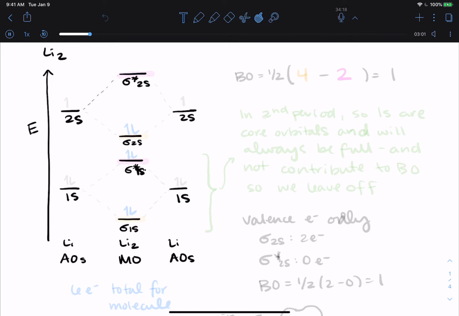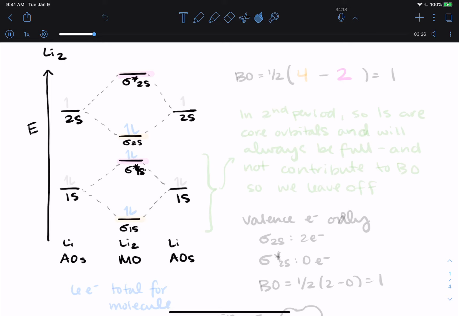So I'm going to connect the 2s to these molecular orbitals to show that that's what's contributing. Connect my 1s for the same reason. Okay. So that's all my AOs, it's all my MOs. I've got my energy label and my columns labeled.